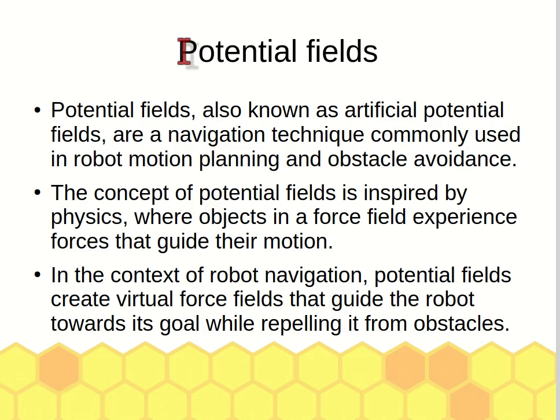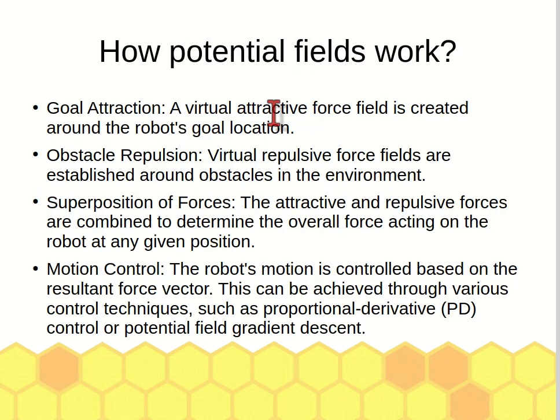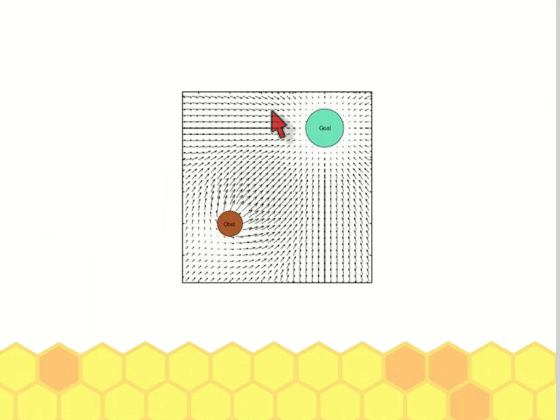So how does the potential field work? Let's see the diagram over here. So the idea is, okay, let's say this is the environment, this is the goal, and this is the obstacle. So what happens here, the obstacle will produce a repelling force, whereas the goal produces an attractive force.